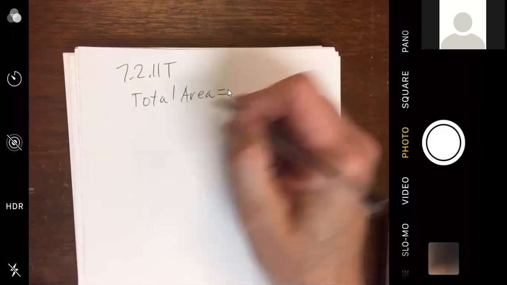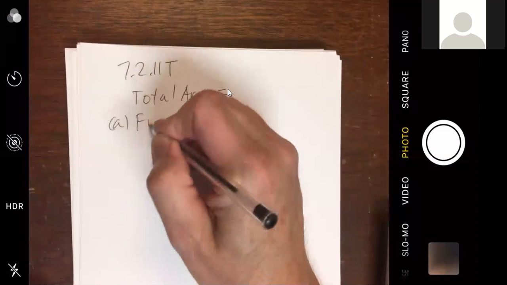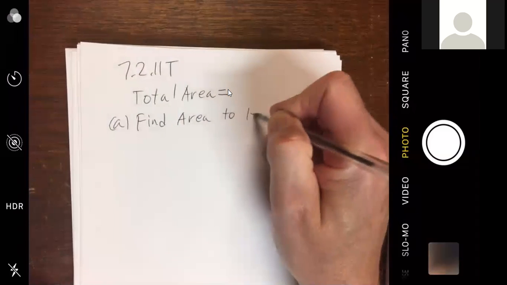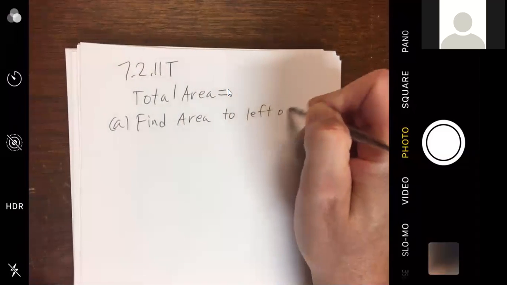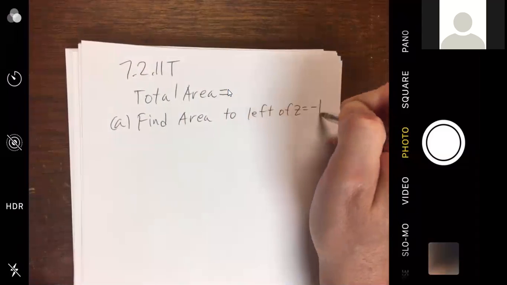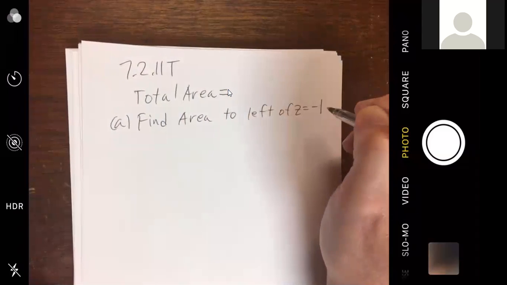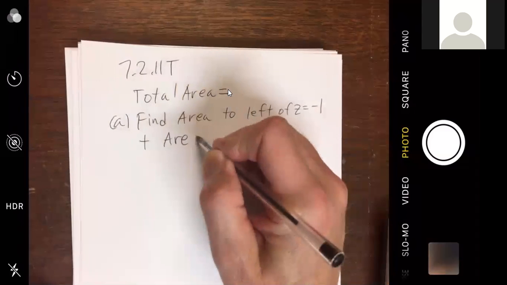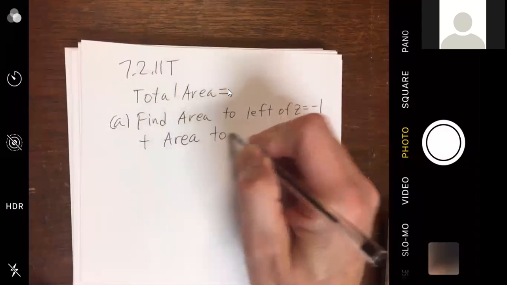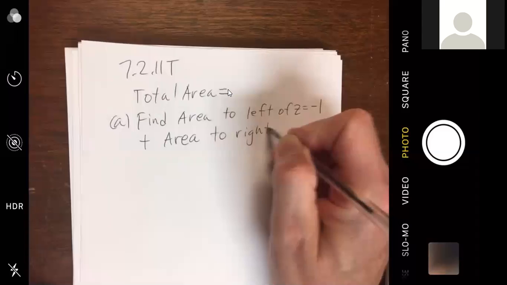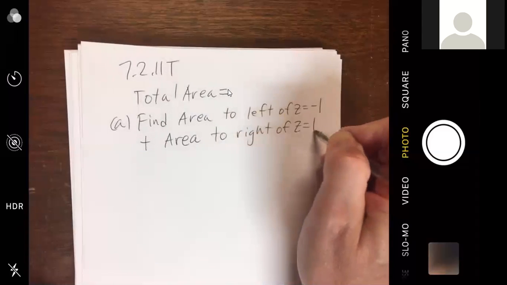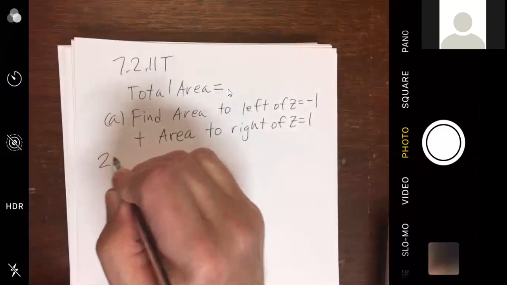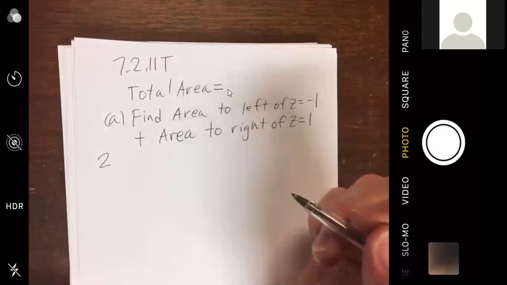A, find the area under the normal curve to the left of Z equals -1 plus the area under the normal curve to the right of Z equals 1. The combined area is? They say round to 4 decimal places as needed.